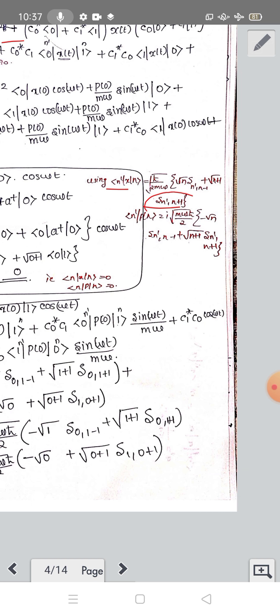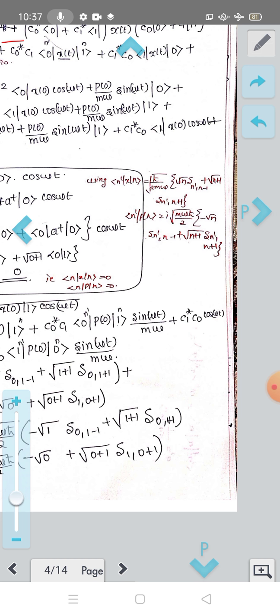So look at this Kronecker delta. Only when n prime equals n plus 1 does the matrix element exist. When n prime and n plus 1 are not equal, that element does not exist. Only if n prime equals n plus 1 will this delta become valid, isn't it?